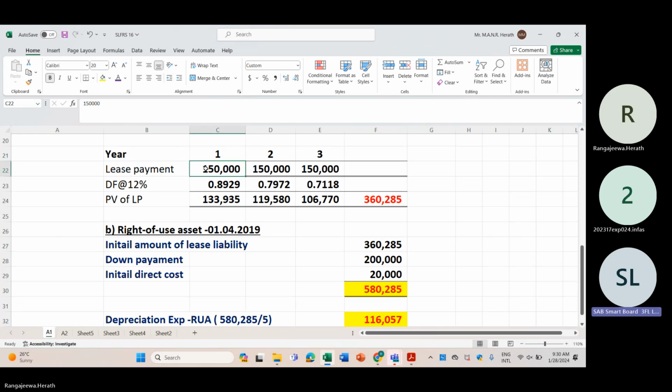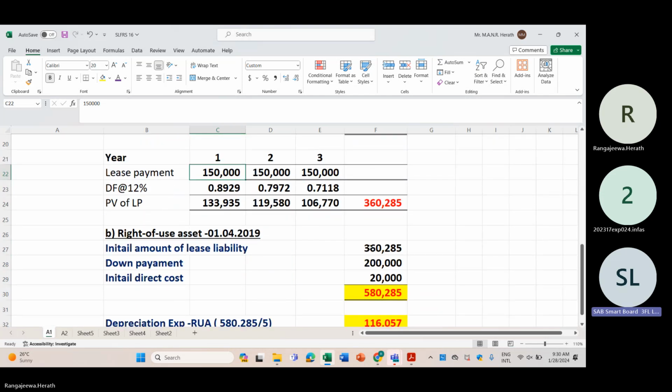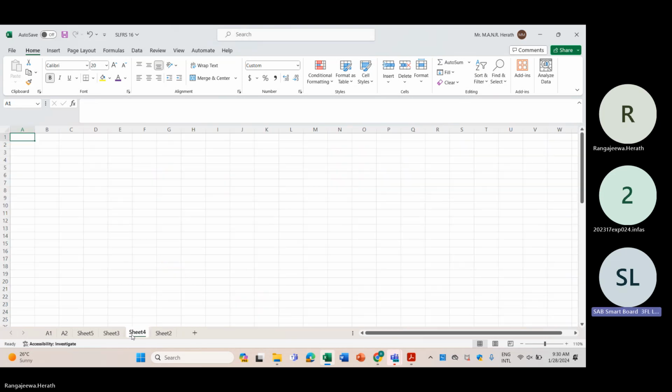So you debit cash, credit lease receivable 150,000. And the interest, 12% on this 360,285, the lessor can recognize as lease interest income, finance income. So this is quite straightforward.